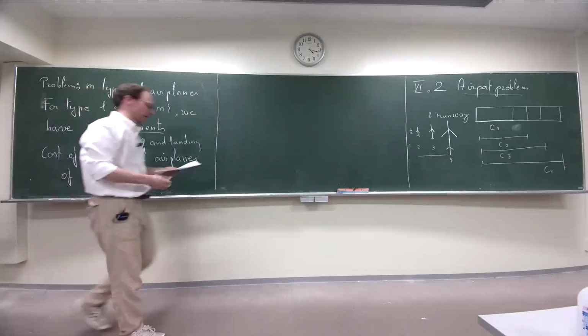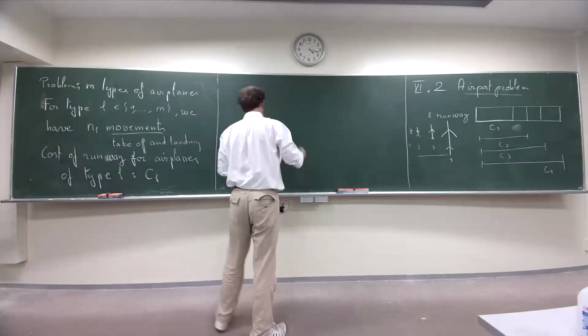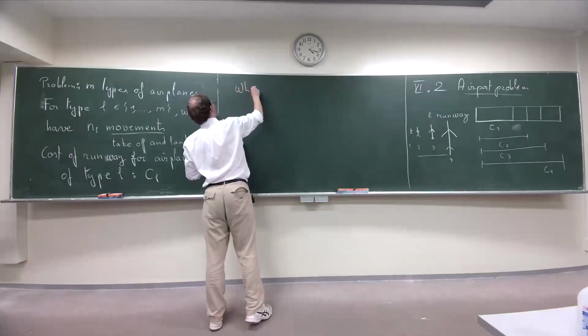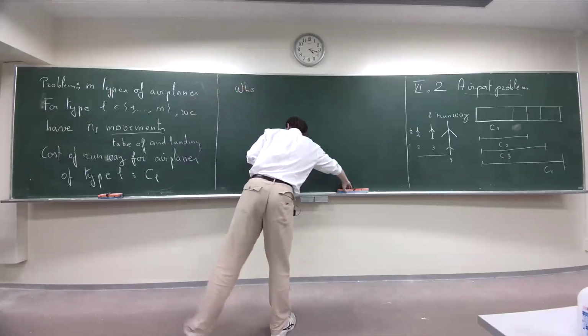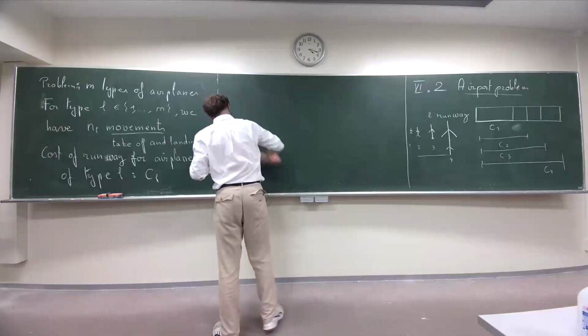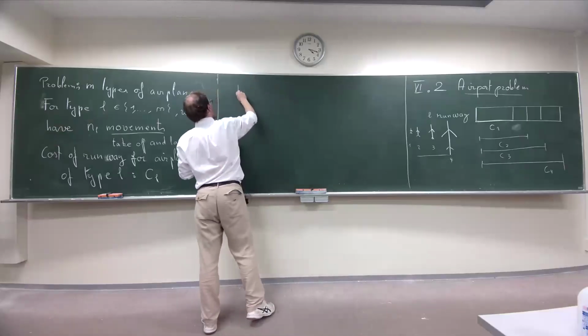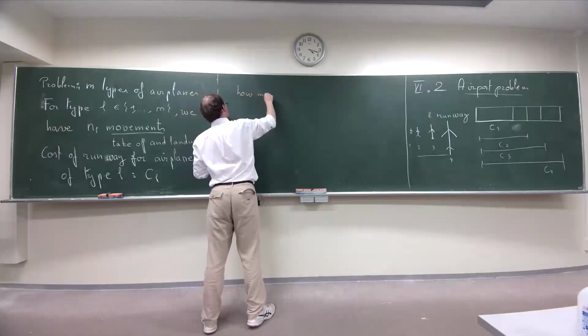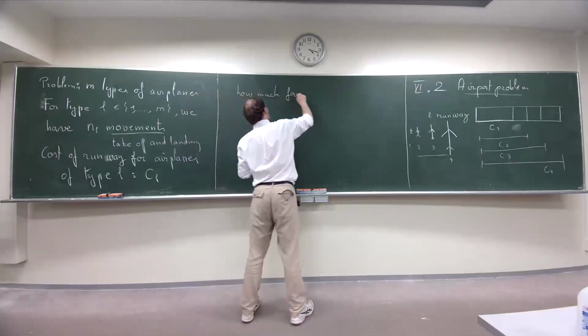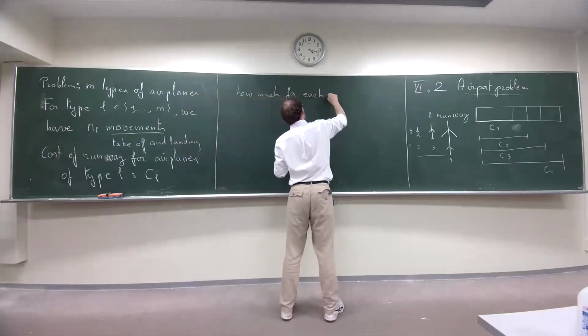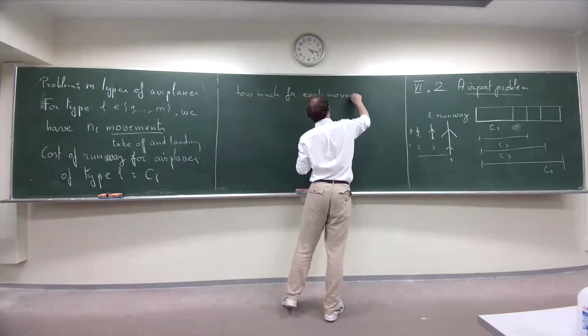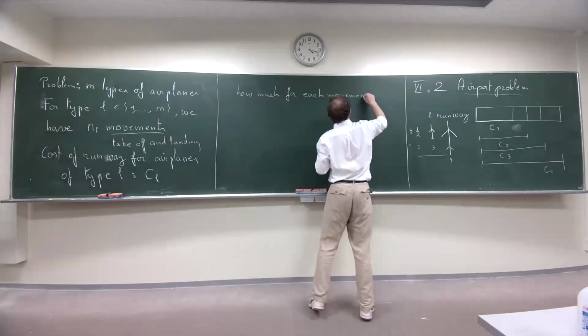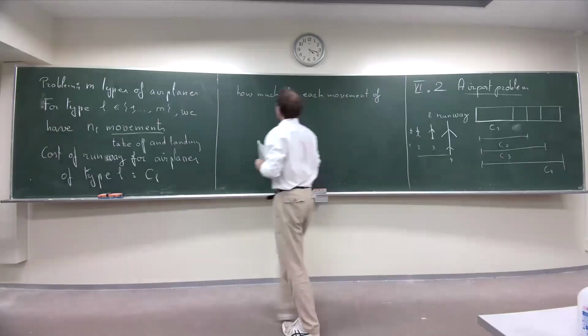Okay. So the question is who is going to pay the bill? Who is going to pay for this? More precisely, how much for each movement of airplanes?